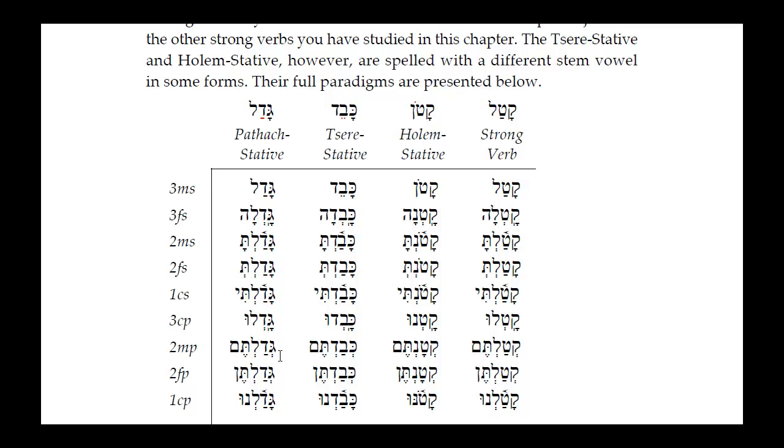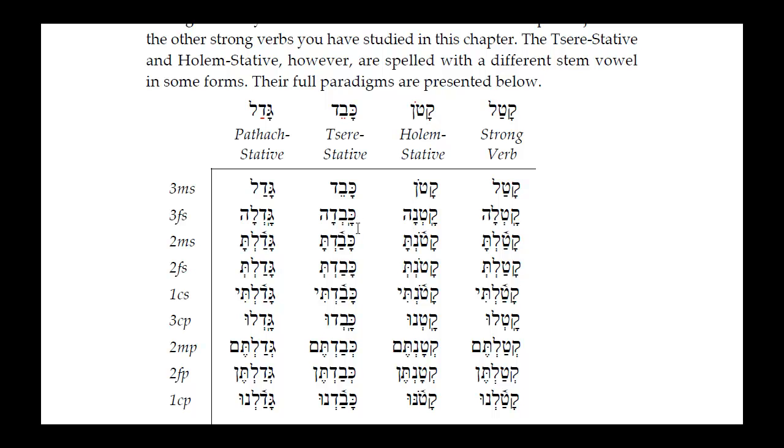What happens with the tsere is you have the tsere under the second letter, and when it gets down to the second masculine singular, you have a patach under the second letter, and likewise in the second feminine singular, first common singular, and all the way down the line. So you really only see the tsere in the third masculine singular form.